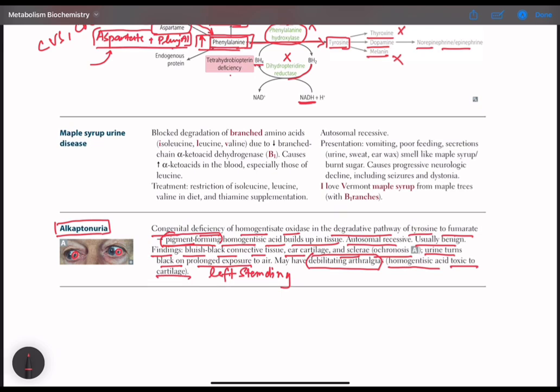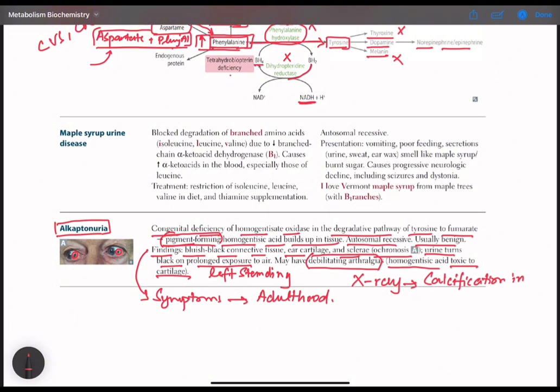These symptoms usually manifest in adulthood. Another classic symptom is that on X-ray these patients have calcification in the intervertebral discs.